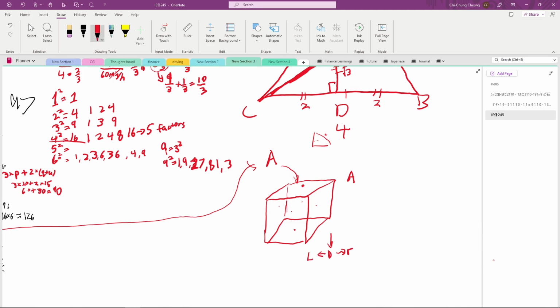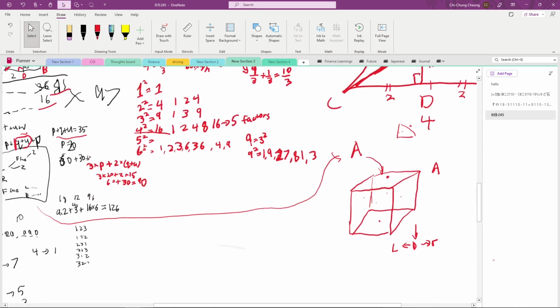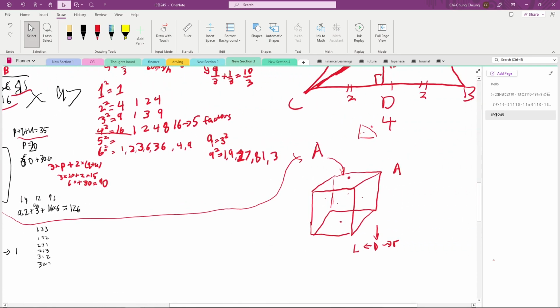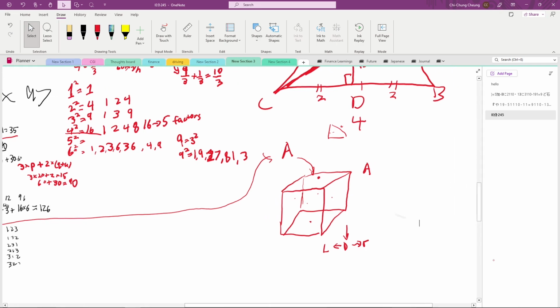If you put the cube net together, you'll discover that the bottom face is F. So I'll just call this F face, right?